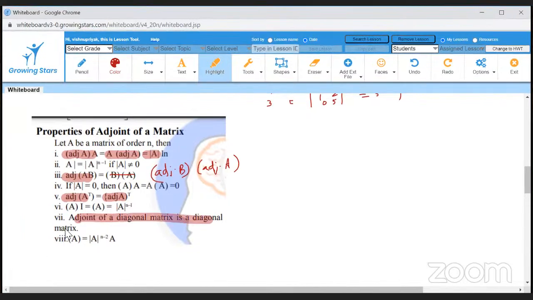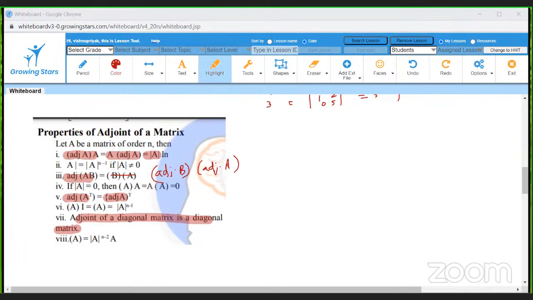Adjoint of a diagonal matrix is a diagonal matrix only. These properties you have to study.